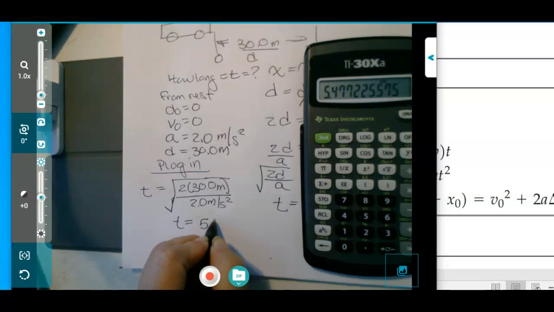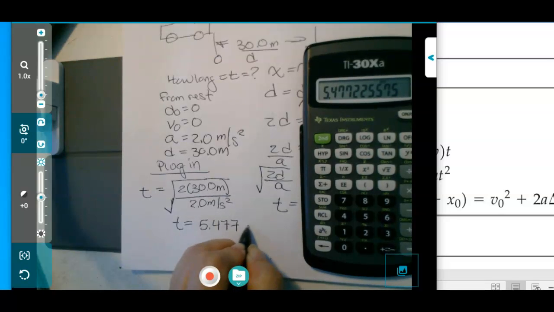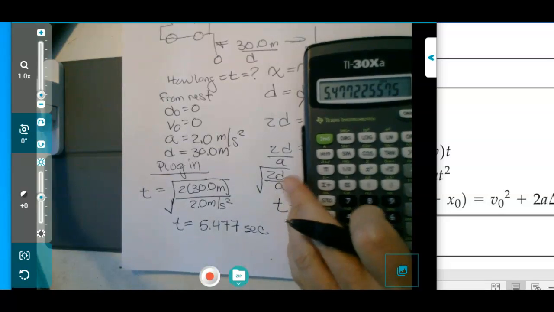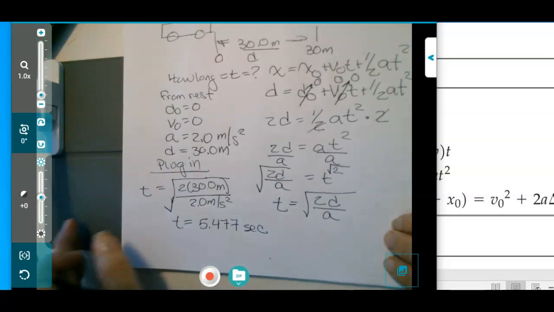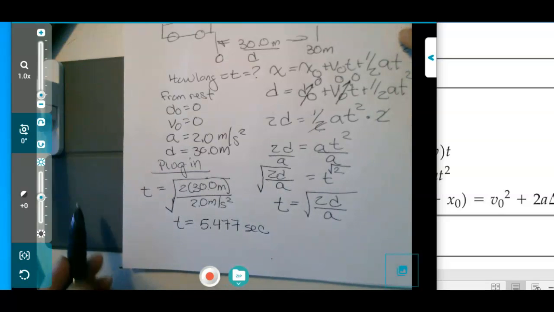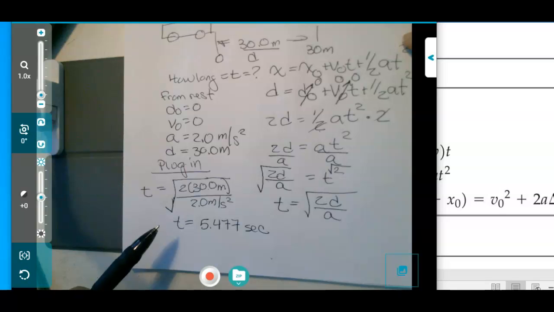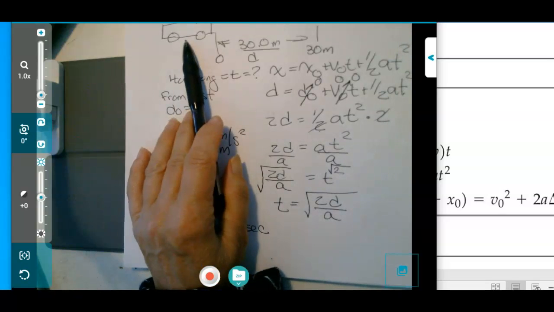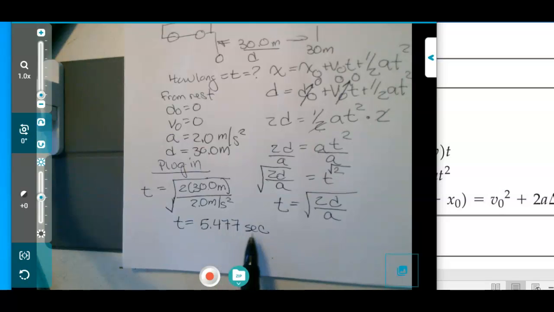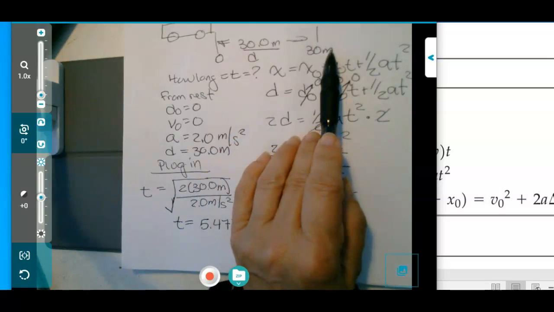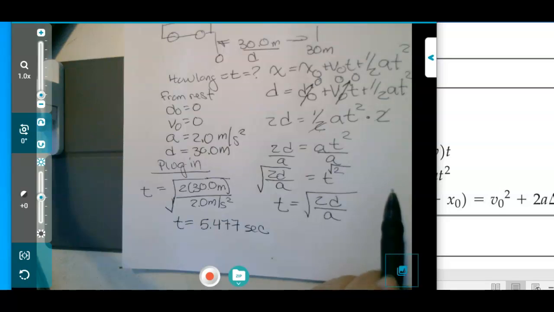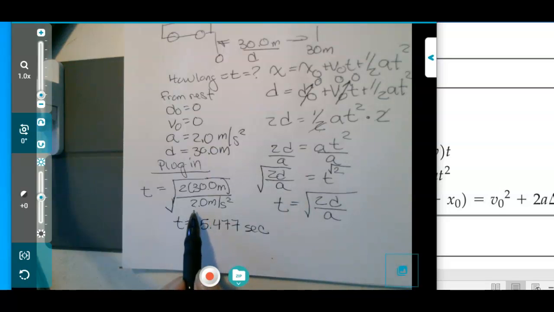So it's 5.477 seconds. Now you might want to keep going through these types of problems. So it took the car 5.477 seconds to cross the 30-meter intersection when it was going at an accelerated rate of 2 meters per second squared.